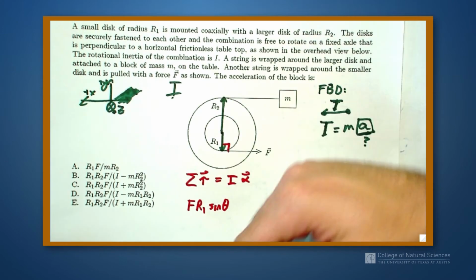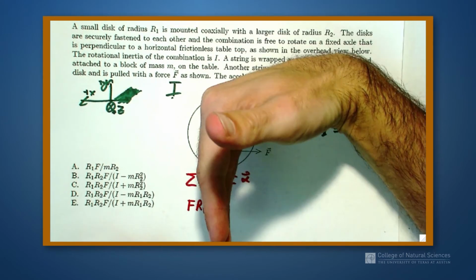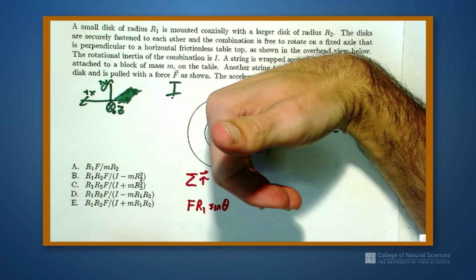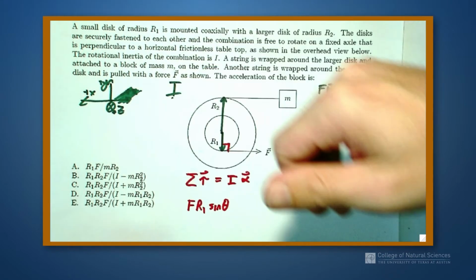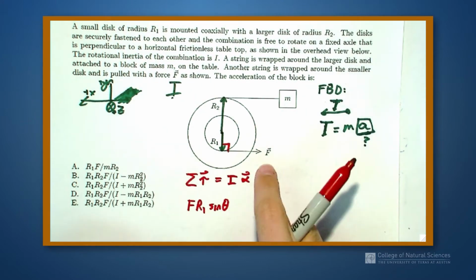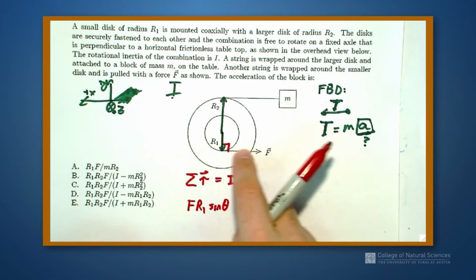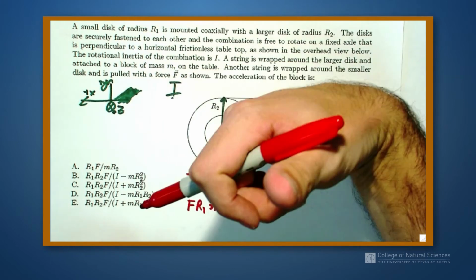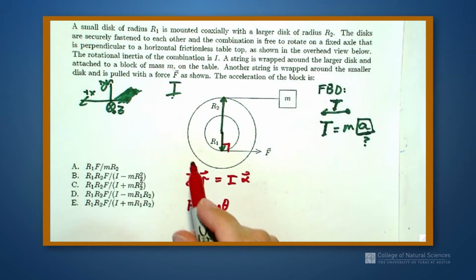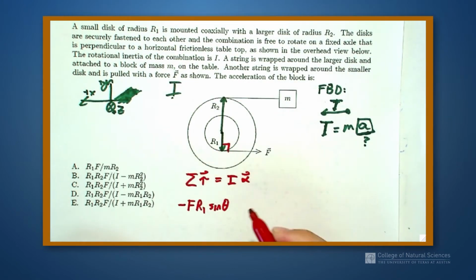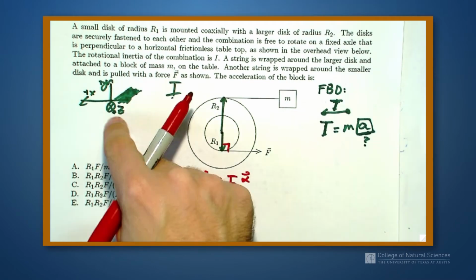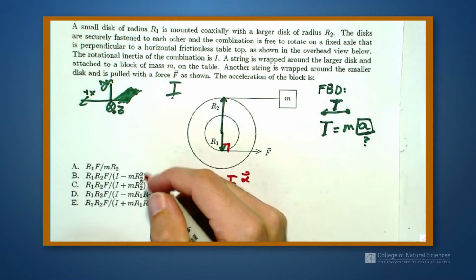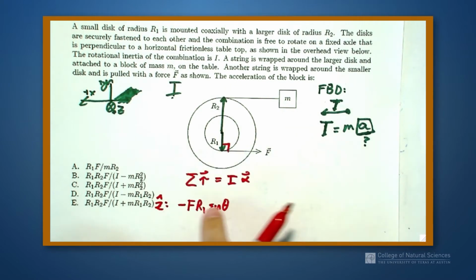R points straight down, F points over, I close my fingers towards F, and I see that R cross F gives a torque out of the page, which is a negative value because it's opposite to what I said was positive. Positive z is into the page. So it's in the negative z direction for this one.